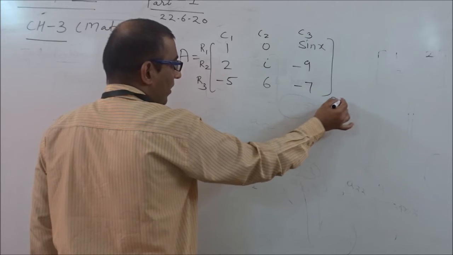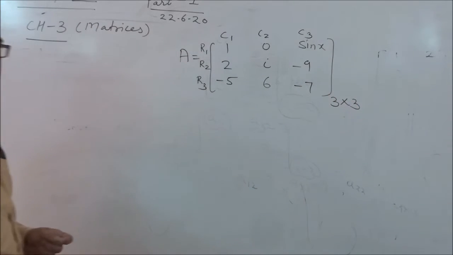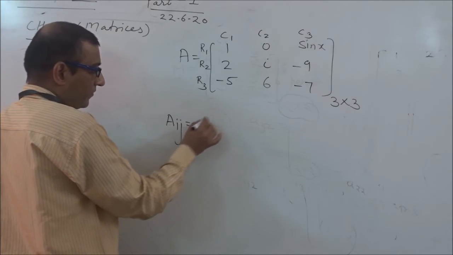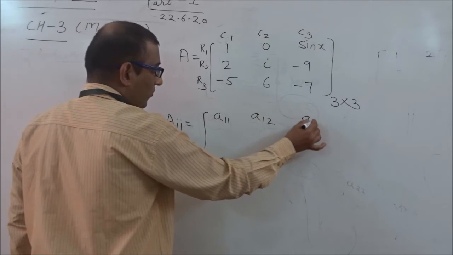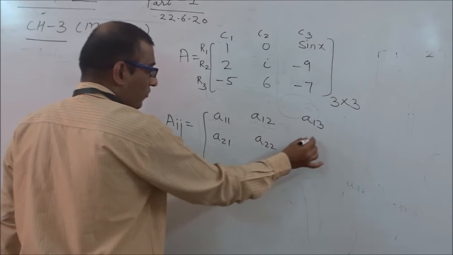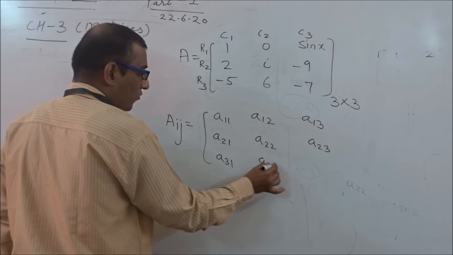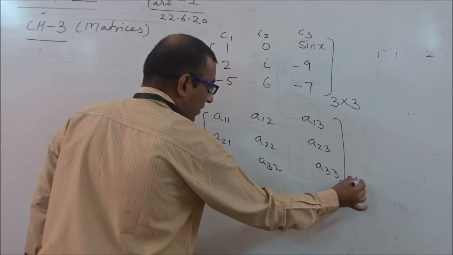It means the order of this matrix is 3 into 3, total elements are 9, total entries are 9. Or if you compare with this Aij, A11, A12, A13, A21, A22, A23, A31, A32, A33, it is also related with 3 into 3.